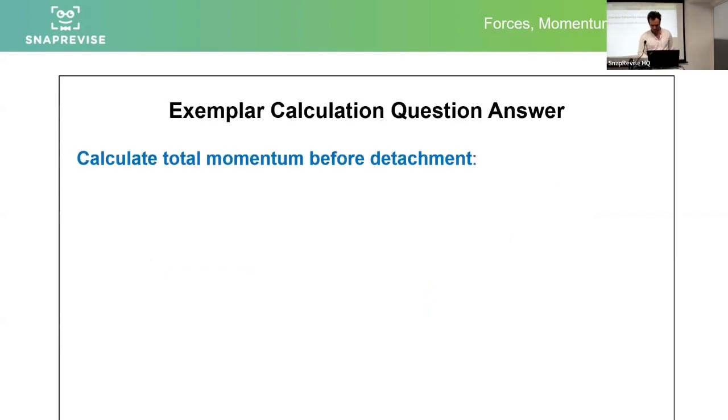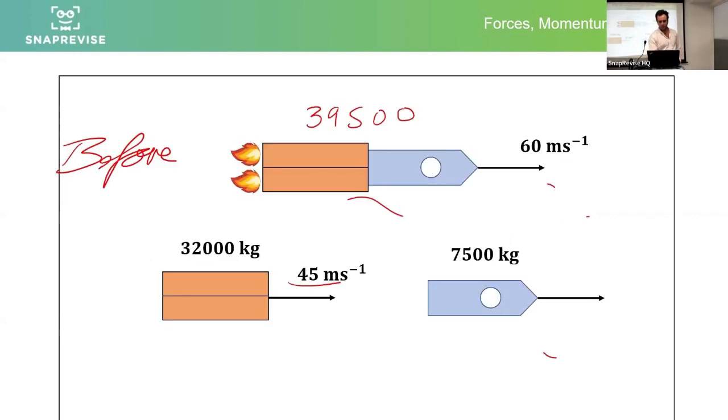Right, we've got mass of rocket and mass of tank. And we've got V tank already, but let's call this V rocket.